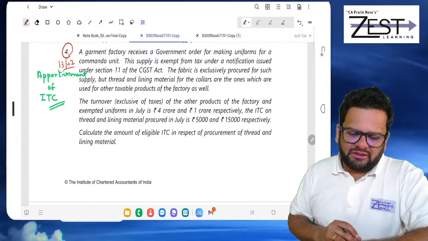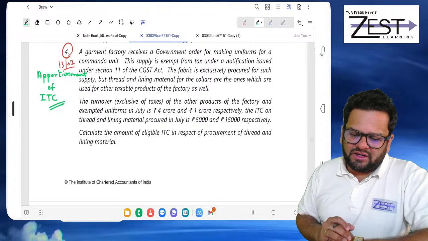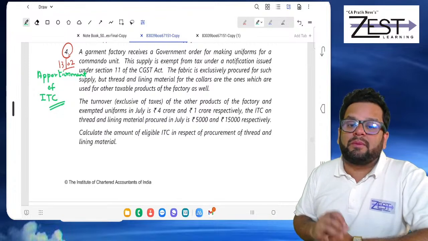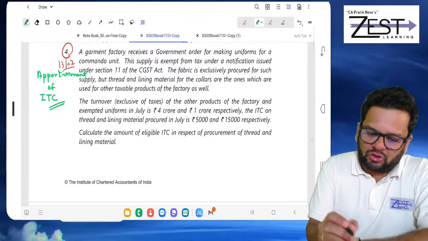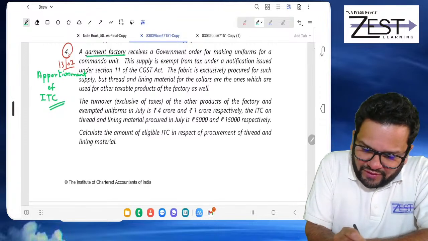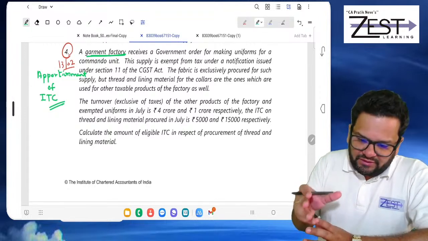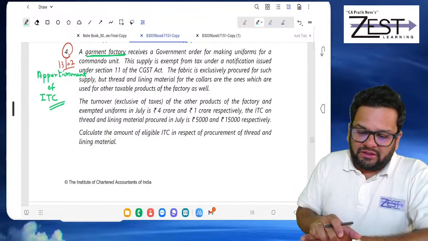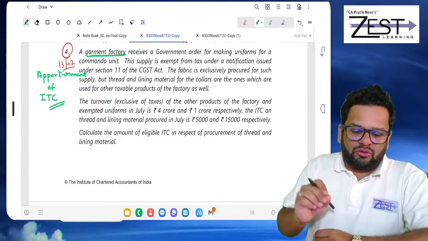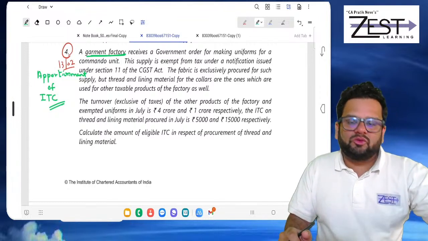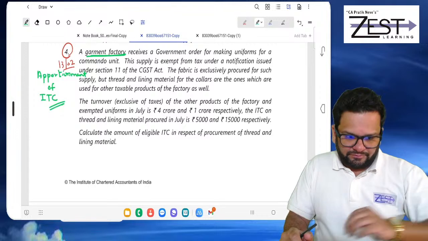There is a garment factory which is receiving a government order for making uniforms for a commando unit, means army.